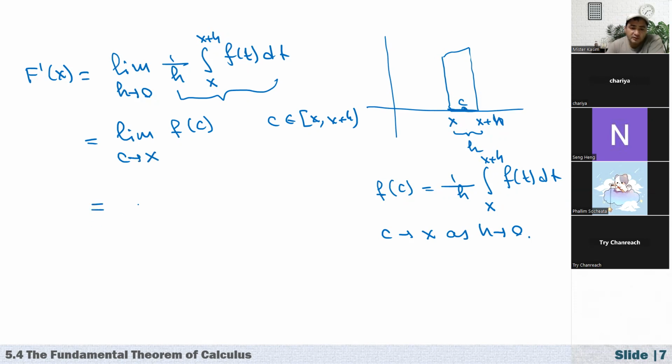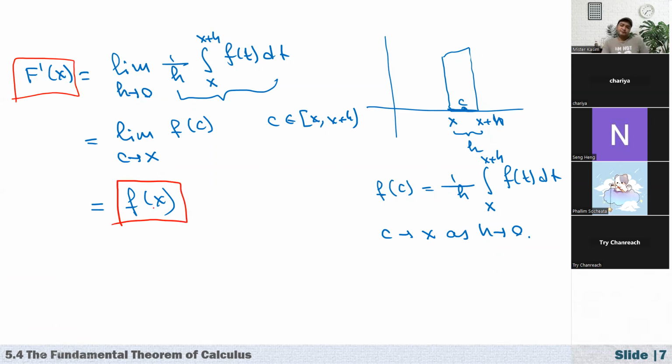Since f is a continuous function, using the definition of continuity, when c approaches x, this is equal to f of x. We started with f prime of x, and now on the right hand side we have our original function.